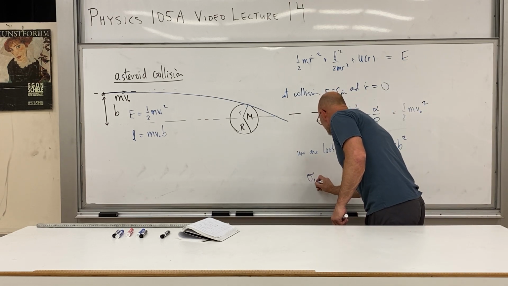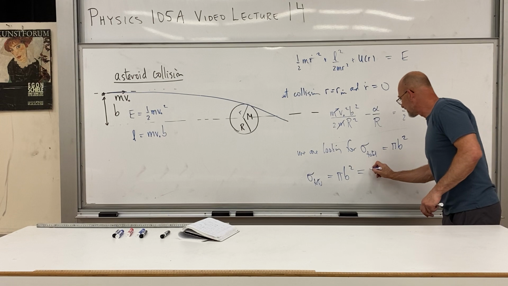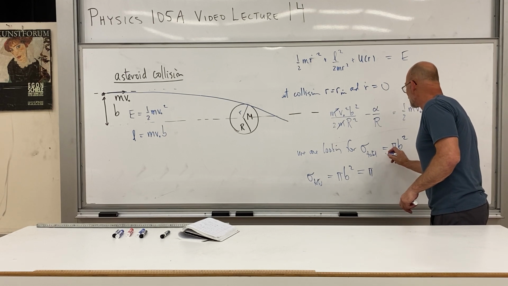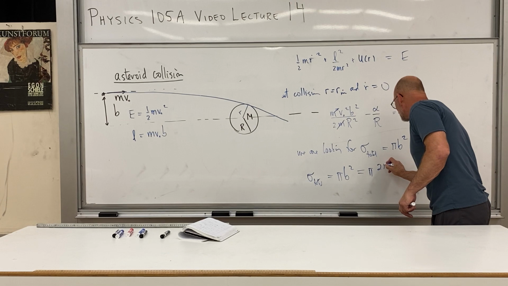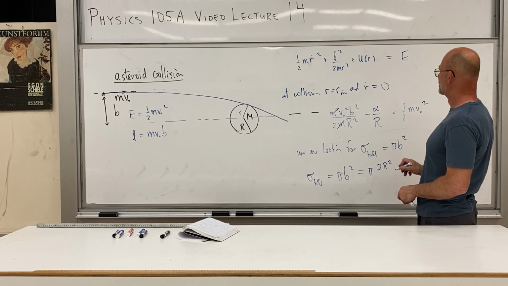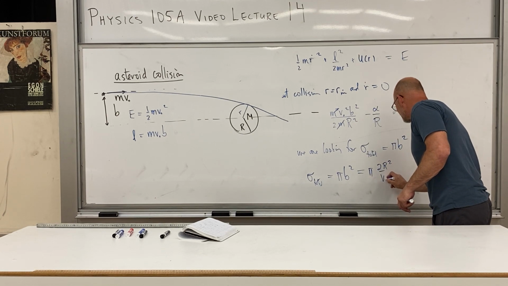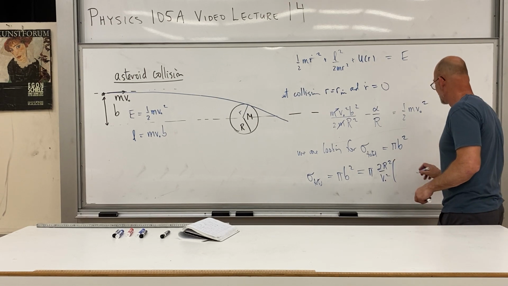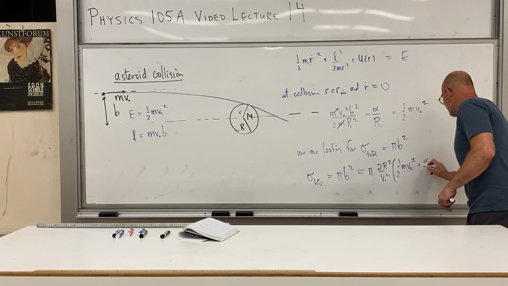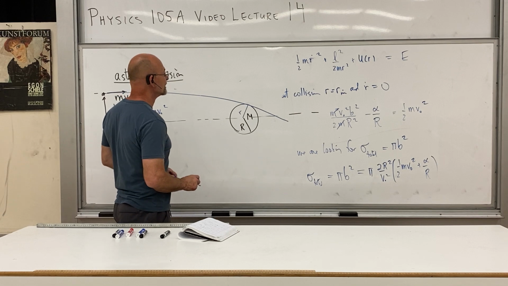So sigma total equals pi b squared equals pi, and then that b squared is equal to 2R squared over m v naught squared times 1/2 m v naught squared plus alpha over R. So if we can just simplify that enough, we'll see what we've got.